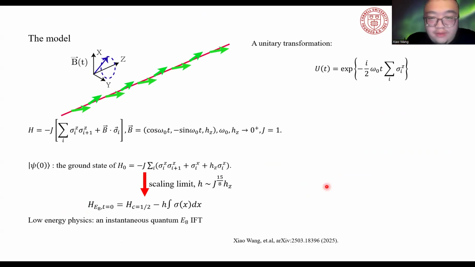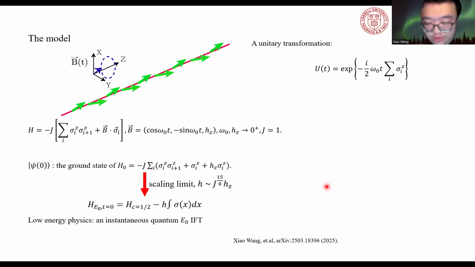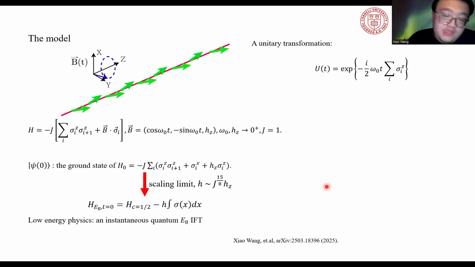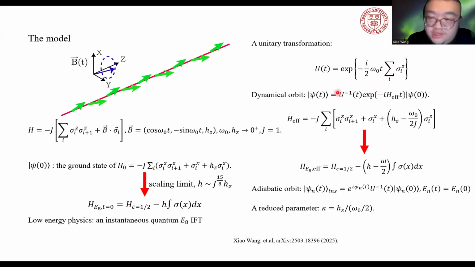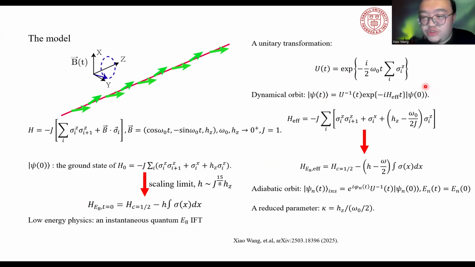Once the time is not equal to zero, which means that I trigger this time evolution process, by applying this unitary transformation we can rewrite the time evolution of the wave function as given by an effective Hamiltonian quench acting on the initial wave function, times this unitary transformation itself.